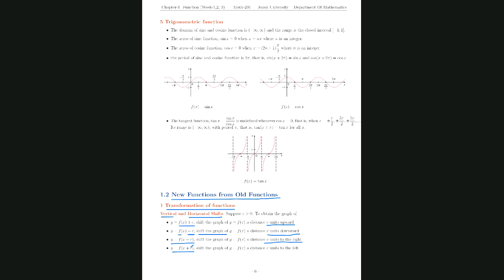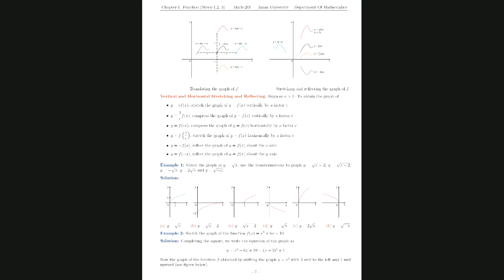So last lecture I told you, if plus 2, plus 3, plus 4, plus 5 inside, then the function shifts left side, c units to the left. Okay, last lecture I explained these all, right? These are the rules. So last lecture I explained this. Okay.